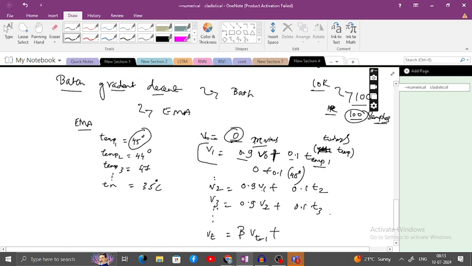Plus, this 0.9 is beta and this 0.1 is 1 minus beta, so 1 minus beta times T, the temperature at time t. Right? So what I am trying to say here is that I am talking about the exponential moving average.